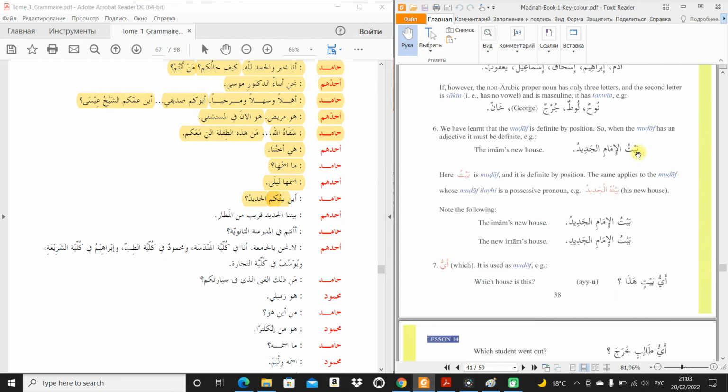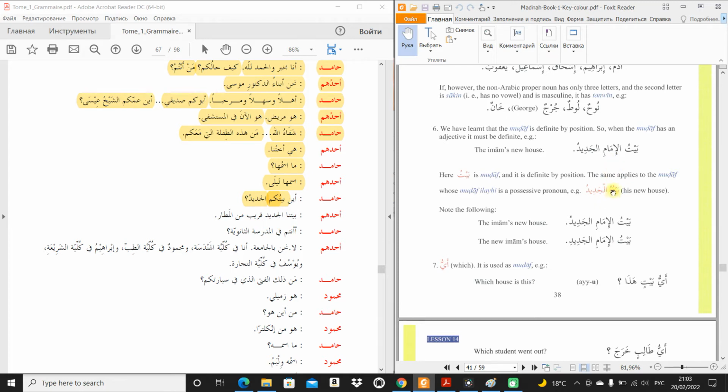It's kind of implied that it has alif lam, but it doesn't, because it's prohibited for mudaf to have alif lam. But just because it's definite, its adjective is also definite, therefore we add this alif lam. Here, baytun is mudaf, and it's definite by position. The same applies to the mudaf whose mudafun ilayhi is a possessive pronoun. Like بيته الجديد.